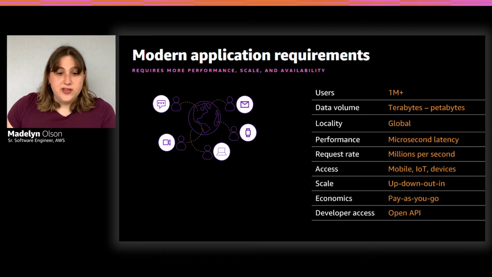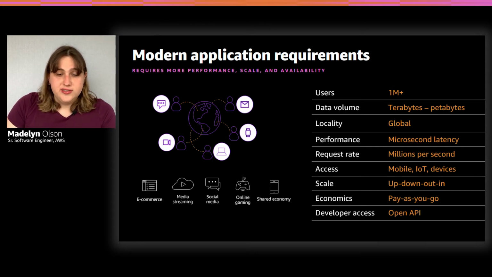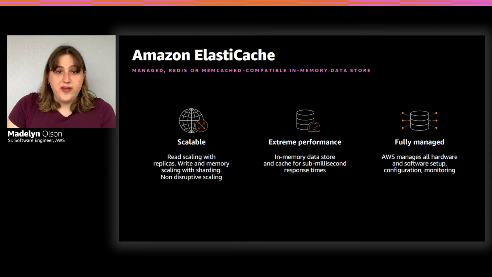So what type of databases solve these applications? Within AWS, we've provided Amazon ElastiCache, the managed Redis and Memcached compatible in-memory data stores. We solve these three types of problems by making it easy to scale in and out, by adding read replicas or sharding to provide multiple primaries for your data.